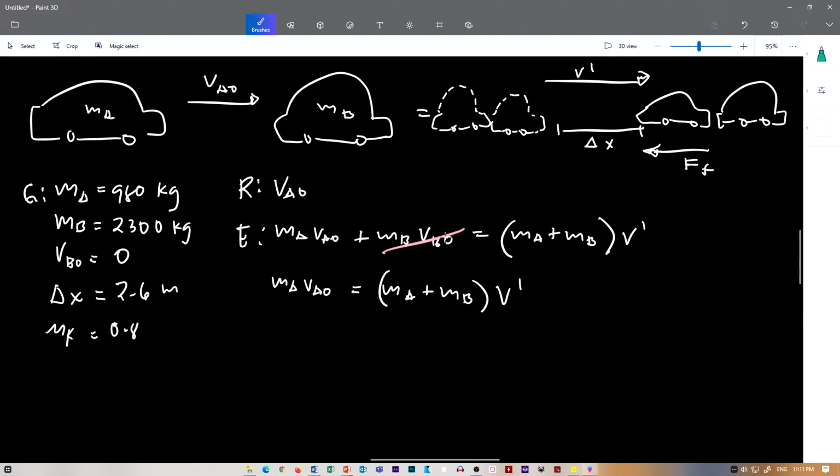So what can we explore here? First, we can assume that v prime will be lower, because of course there will be more mass on this side of the equation compared to this side, right? What can we explore more?